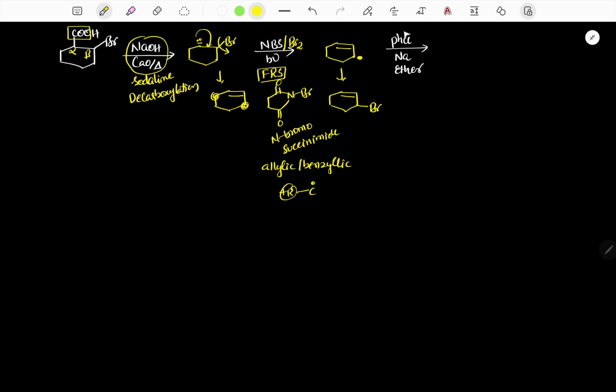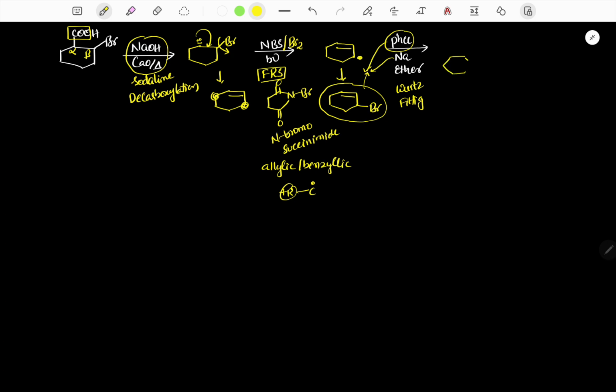Now the third reaction is an aromatic chloride, an aryl chloride, and an aliphatic alkyl halide treated with sodium. So this reaction is the Wurtz-Fittig reaction. If both are aliphatic, it is the Wurtz reaction. If both are aromatic, it is the Fittig reaction. One aliphatic and one aromatic is the Wurtz-Fittig reaction.